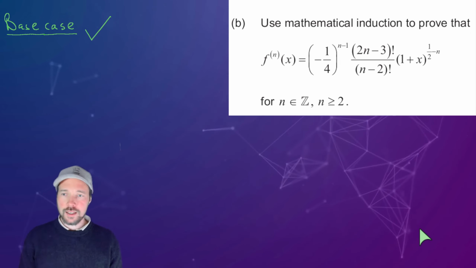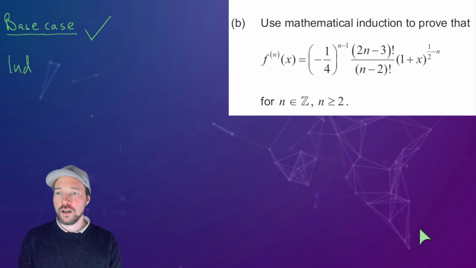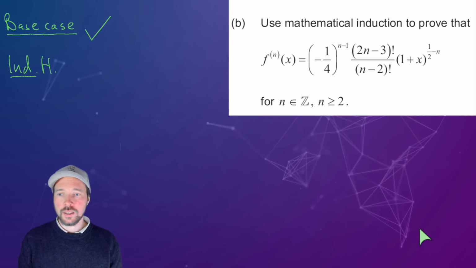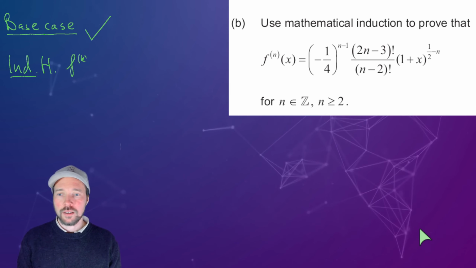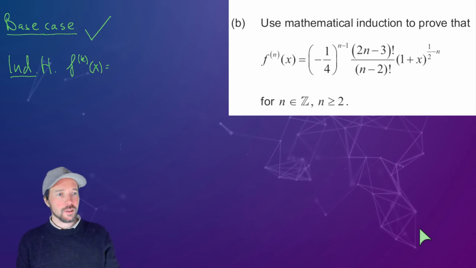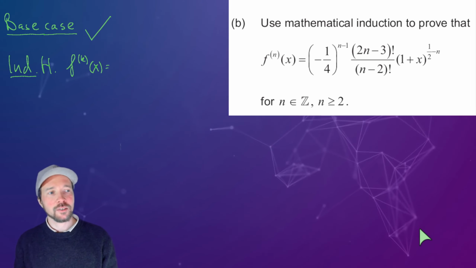Then the next thing is to define the induction hypothesis. The induction hypothesis is that this kth derivative equals this formula, but a version where we substitute k instead of n.